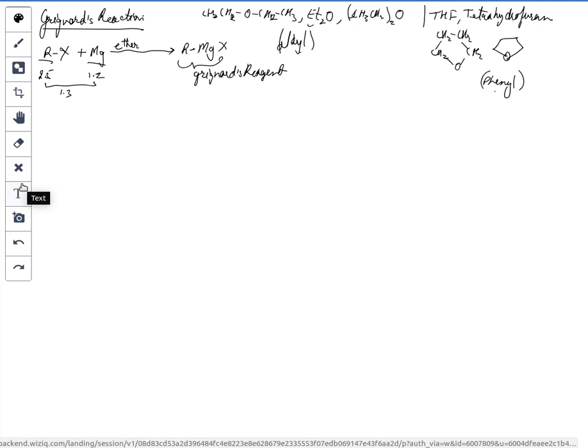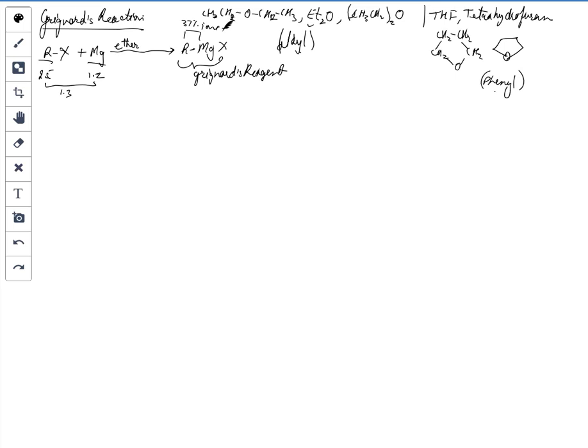For a bond to be ionic, the electronegativity difference must be at least 1.7. So this bond is not actually ionic. This R-Mg bond actually has 37% ionic character. So it is predominantly covalent.